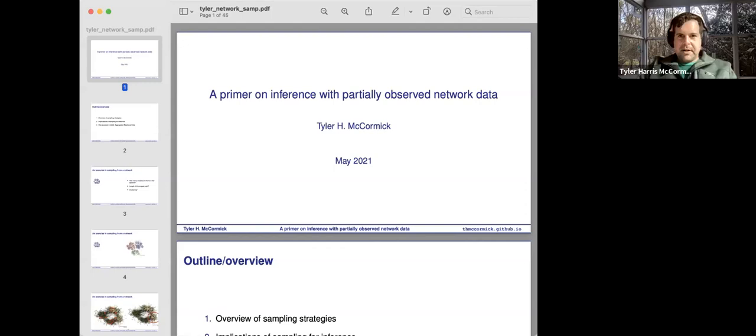As you saw in the talk, I talked a bit about inference on partially observed network data. What I reflect on is how rare it really is, in a large fraction of cases where we would like to observe an entire graph, that it's just not possible.